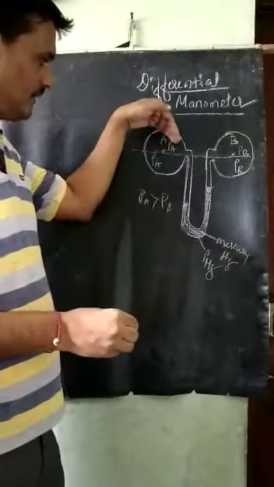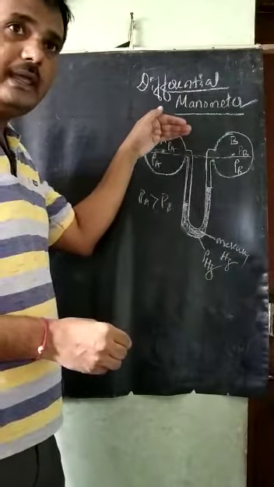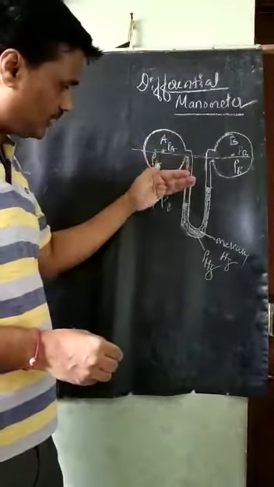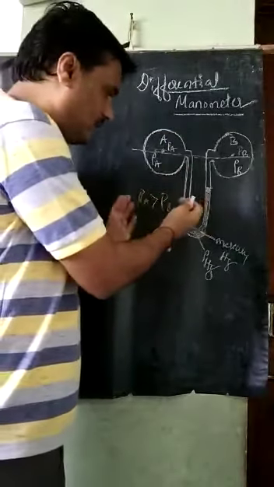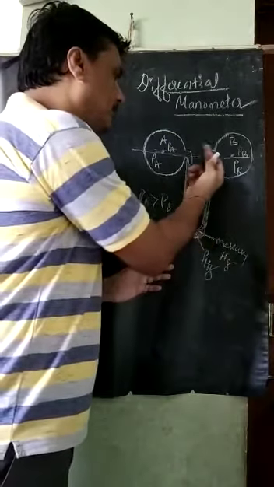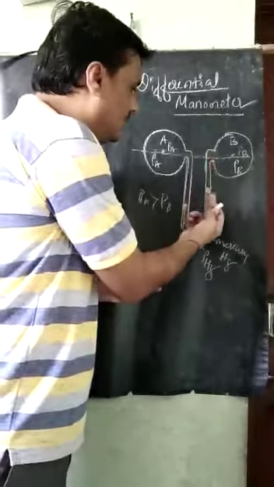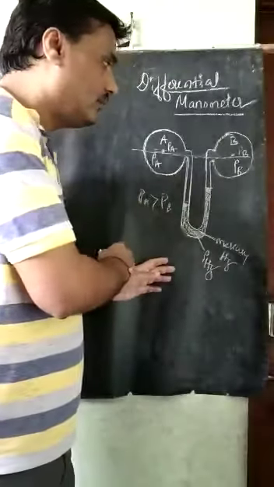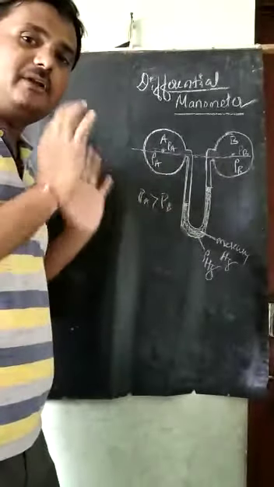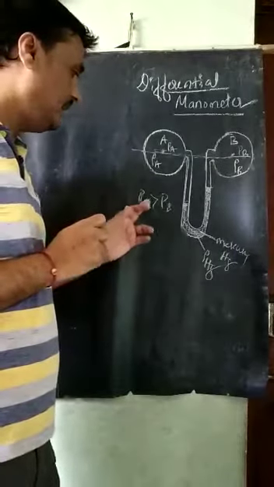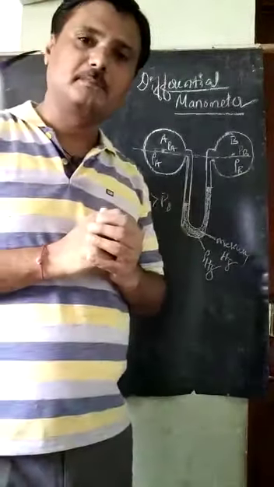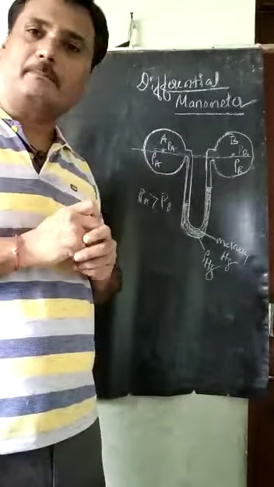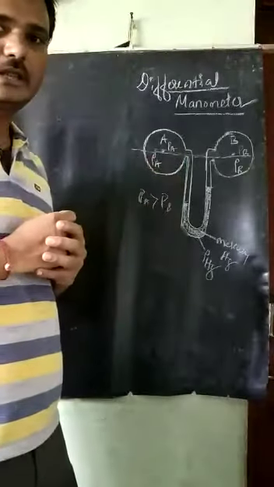See here, the pipe A fluid is applying more pressure, that's why the mercury is going down at the left limb and going up at the right limb. So the diagram itself is telling PA is greater than PB, meaning the pressure at pipe A is greater than at pipe B.